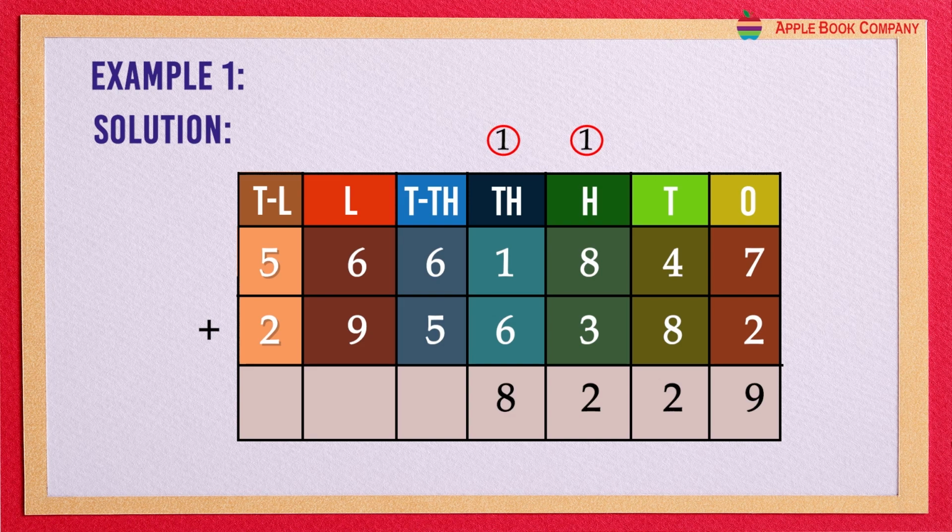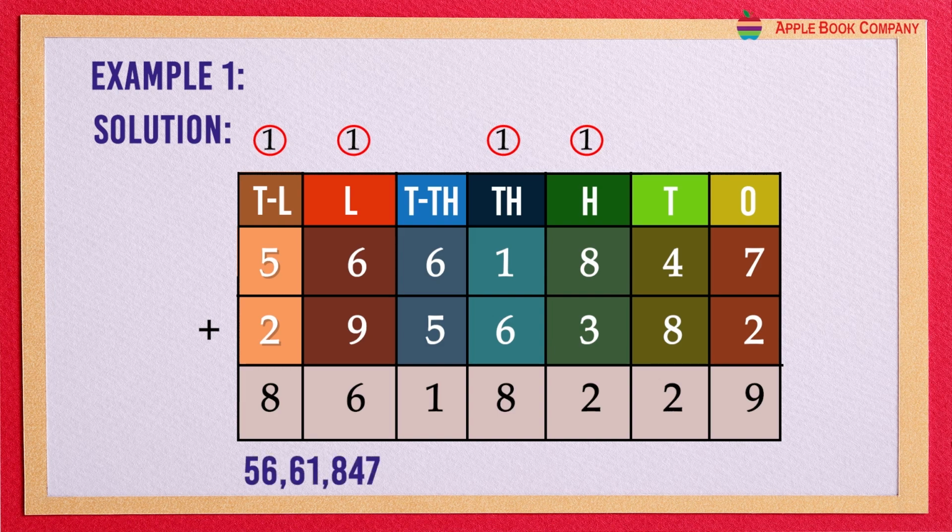Adding 10,000s, 6 plus 5 is equal to 11 10,000s, which is equal to 1 lakh carried plus 1 10,000. Adding lakhs, 6 plus 9 plus 1 carried is equal to 16 lakhs, which is equal to 1 10 lakh carried plus 6 lakhs. Adding 10 lakhs, 5 plus 2 plus 1 carried is equal to 8 10 lakhs.